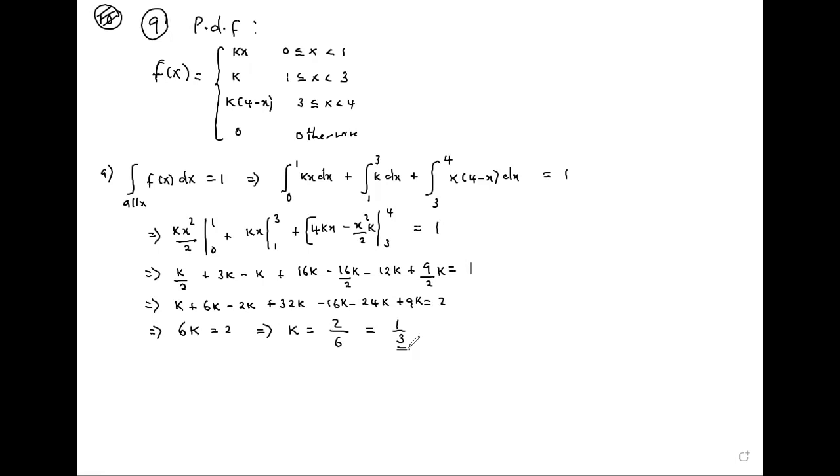Then B is asking us to find the expectation. So remember, by definition, the expectation of any function of the variable x is given by the integral over all x of x times f of x dx.